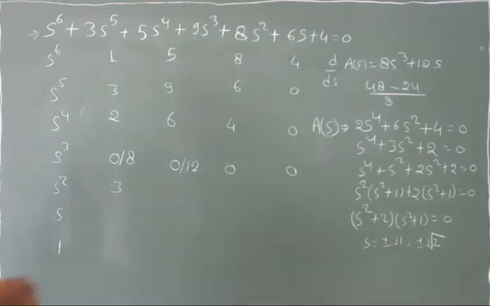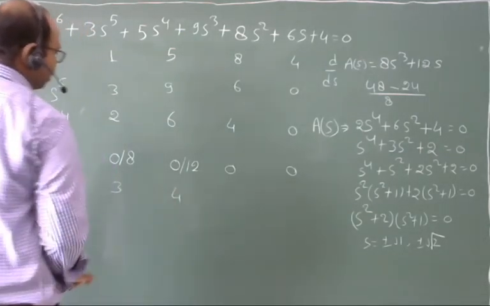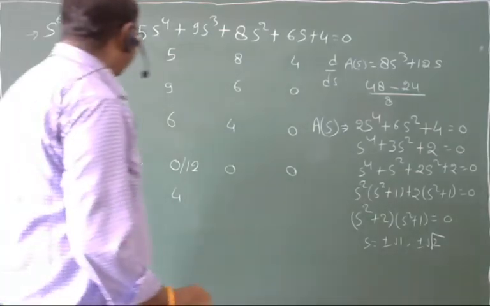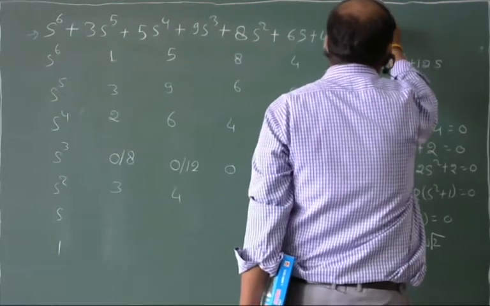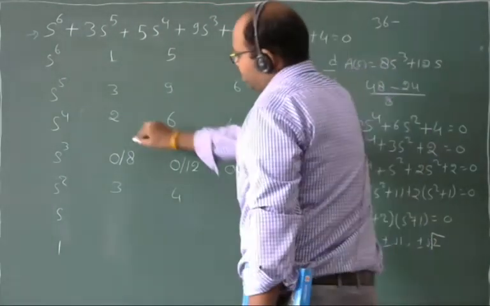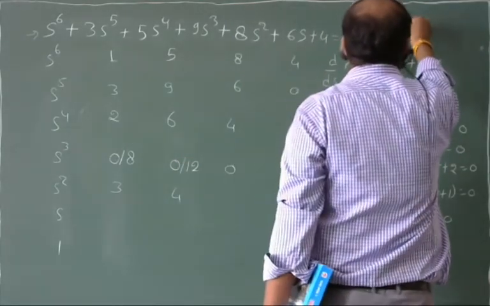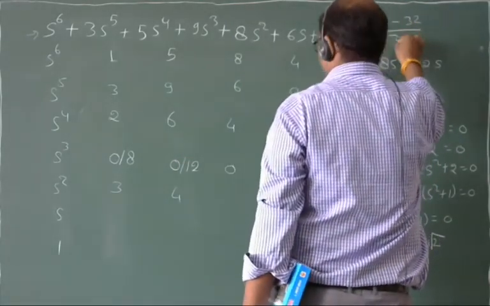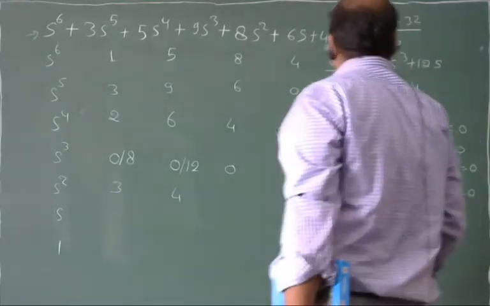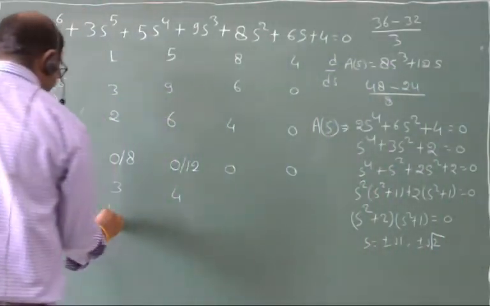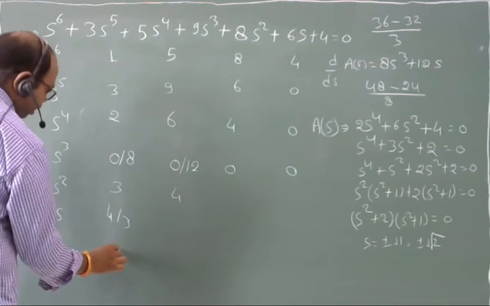Here 4. Now 12 into 3, 36, minus 8 into 4, 32, divided by 3. So 4 by 3 and here 4.